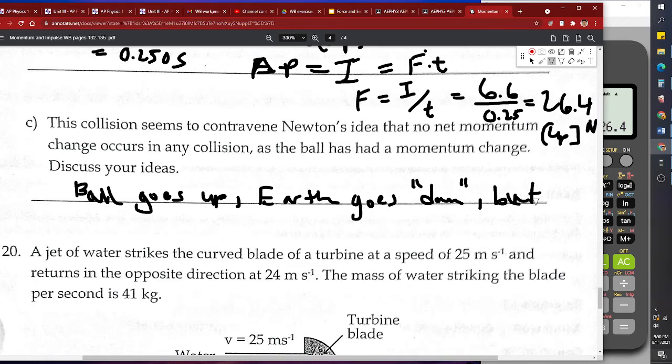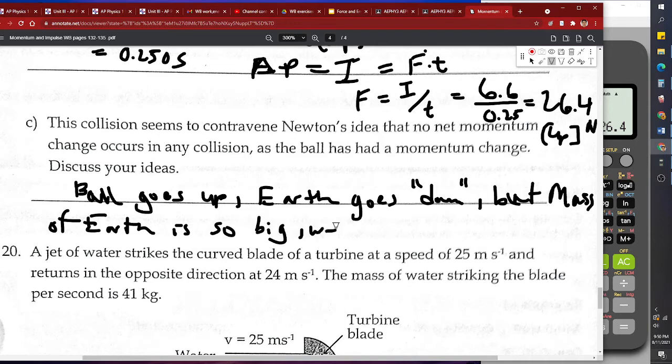But because the mass of the earth is so massive, so big, we don't really see it move.